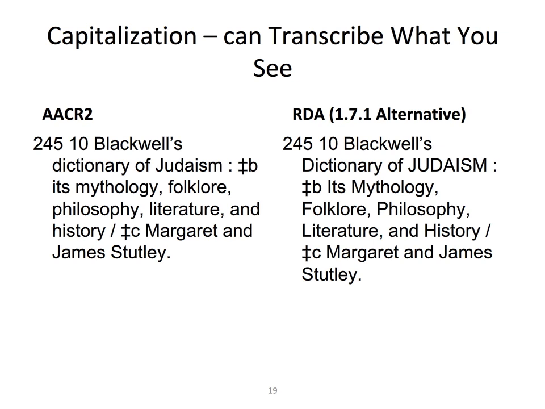Now let's look at some common differences in the body of records between AACR2 and RDA. The default for capitalization in RDA is to use an in-house style manual, like the Chicago Manual of Style, and the result can be capitalization just as it is now in AACR2, like the example on the left.